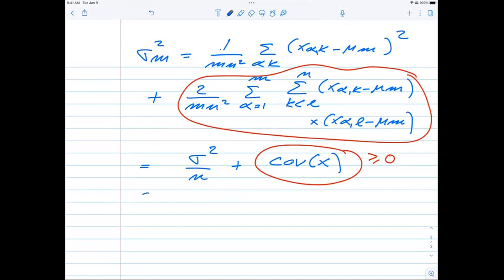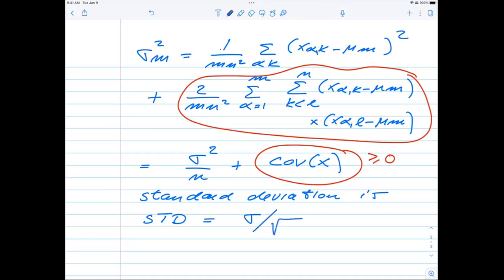So the standard deviation is then calculated from this quantity. It is normally written as STD, and that's simply the square root. So it's sigma divided by the square root of n.